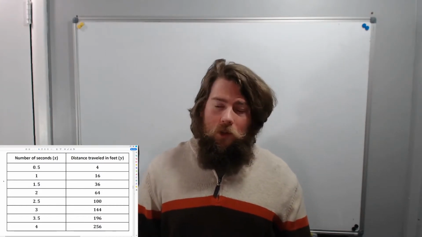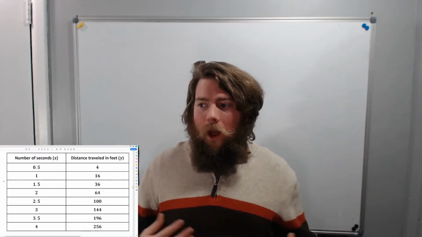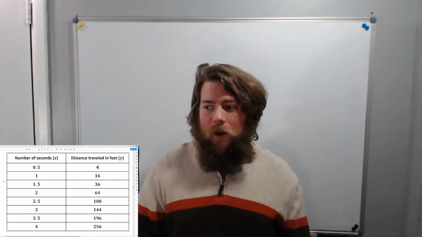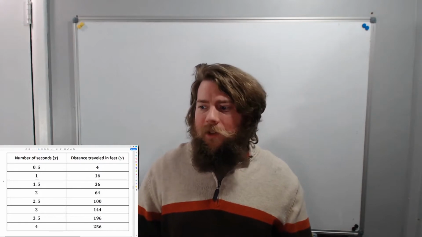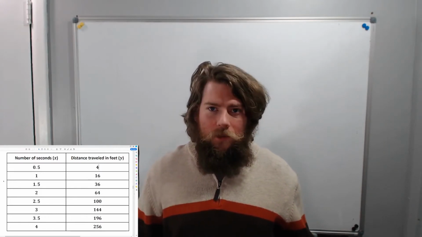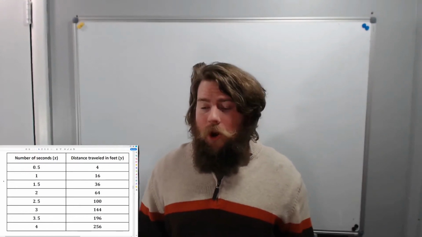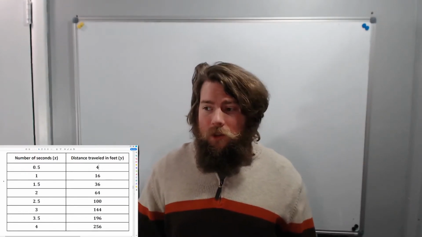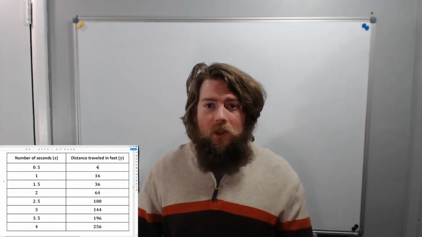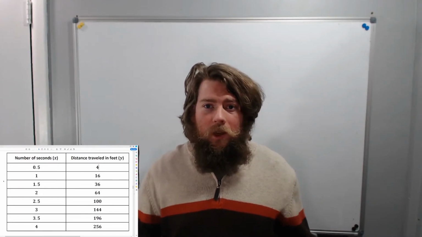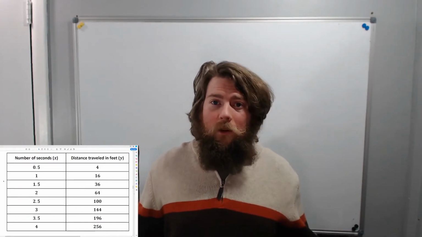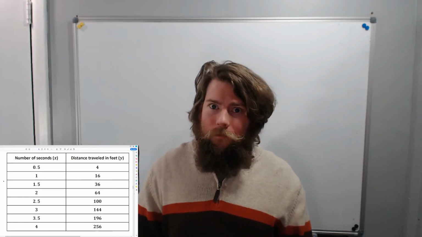So if we wanted to say, how far has the stone traveled at 2 3/4 seconds, 2.75 seconds, that's not on the table, and we don't know the rule for the function, so we can't figure that out. We can't just plug 2.75 into some equation because we don't have that equation yet.